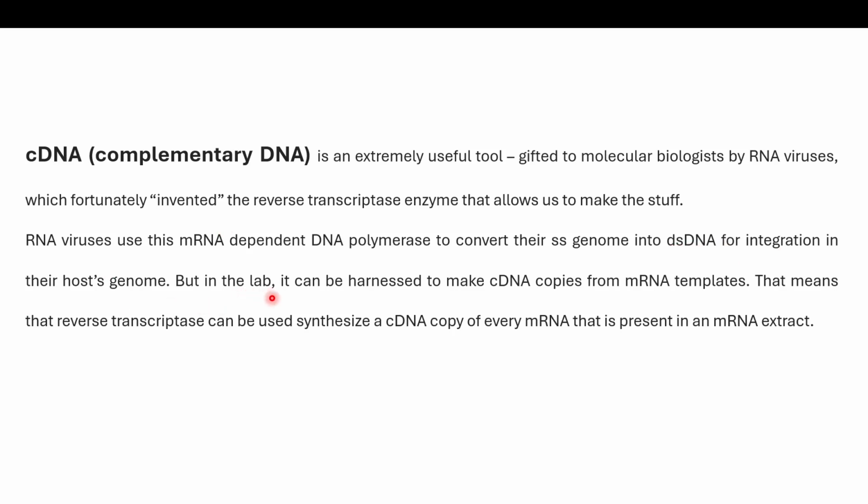But for laboratory purposes, it can be harnessed to make cDNA, or complementary DNA copies, from mRNA templates. That means reverse transcriptase can be used to synthesize a cDNA copy of every mRNA present in an mRNA extract, which can have numerous downstream applications like therapeutic applications, or for research purposes.